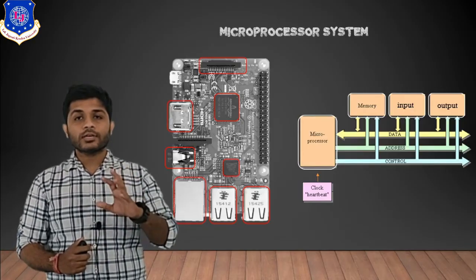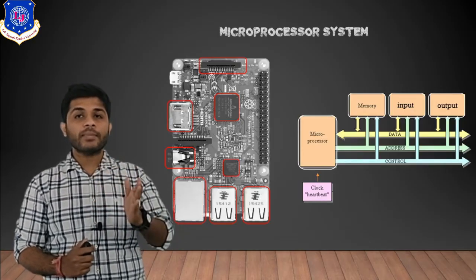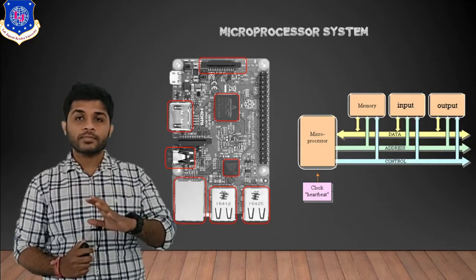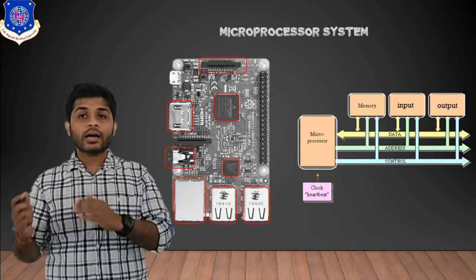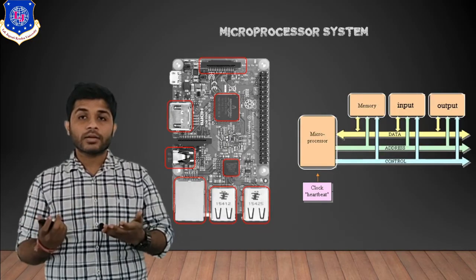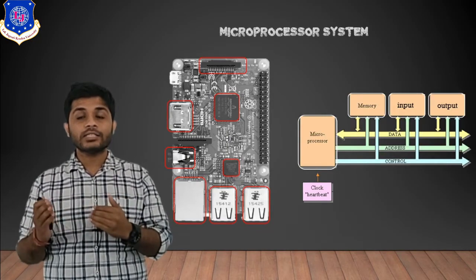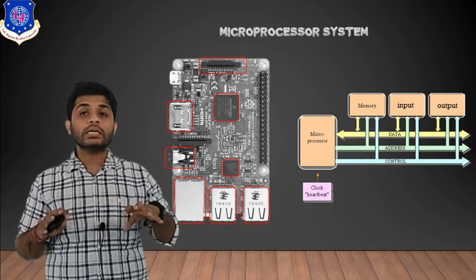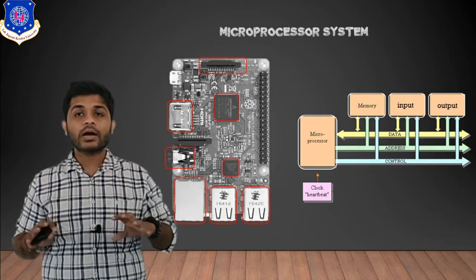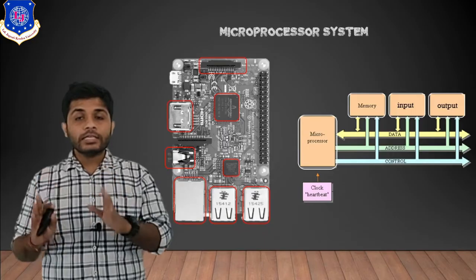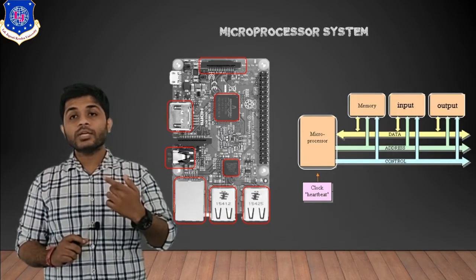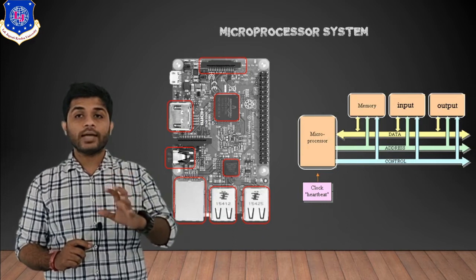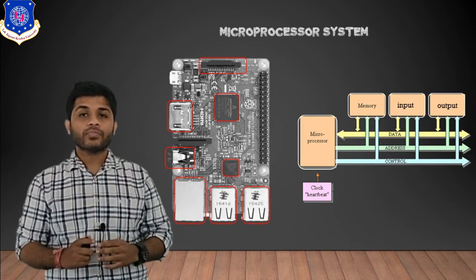Now the processor has different devices such as memory and input output devices, but the processor and the input output devices are connected via something, because the processor has to send and receive data to its internal components. To send and receive, there should be something which is connected to the processor and these devices.